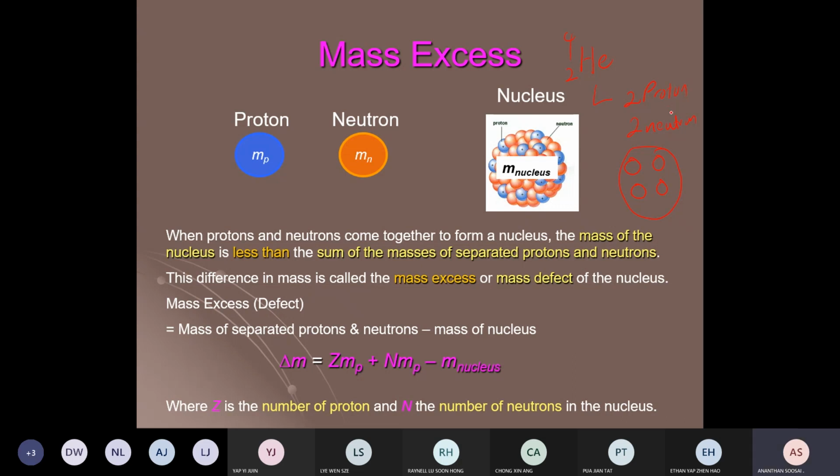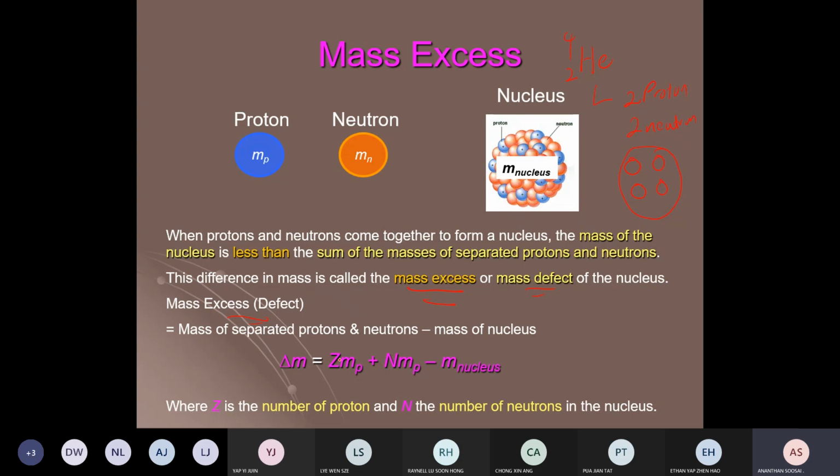This difference in mass is called mass excess, or sometimes mass defect, of the nucleus. The mass defect is the mass of the separated nucleons minus the mass of the nucleus.